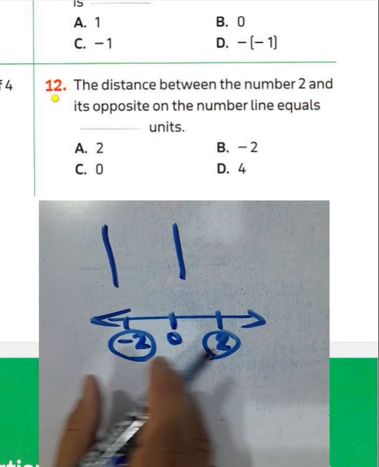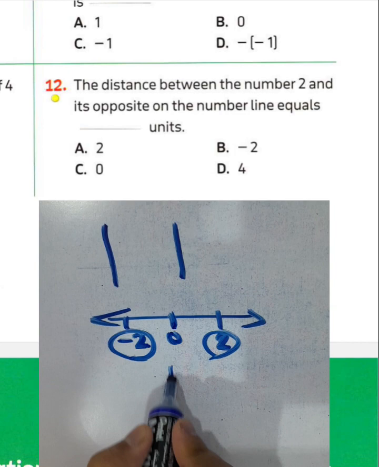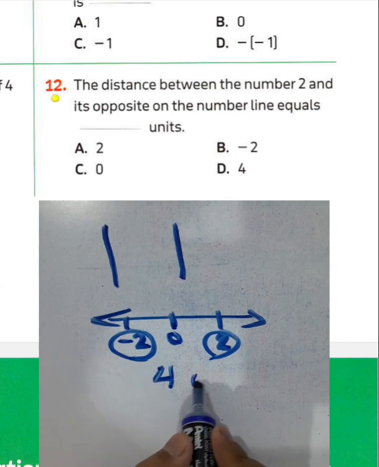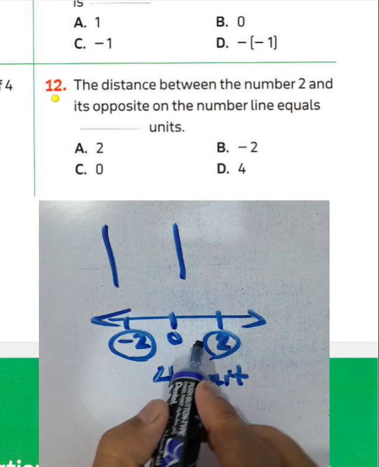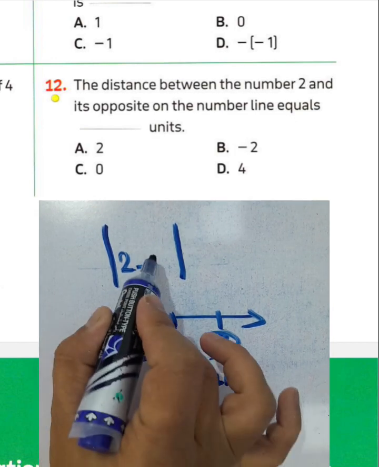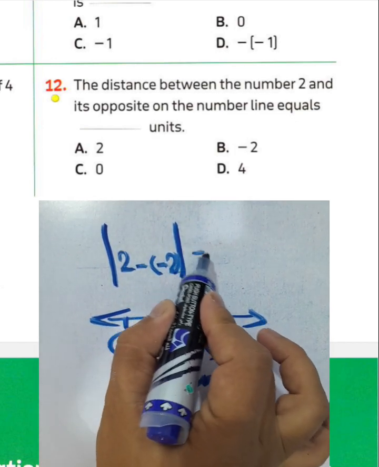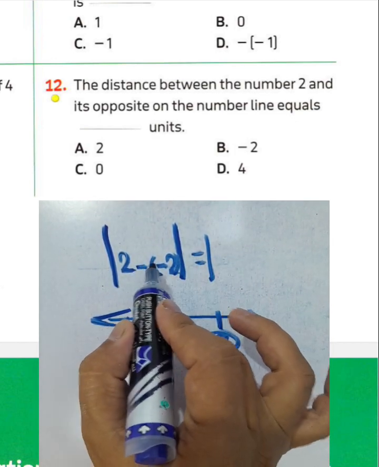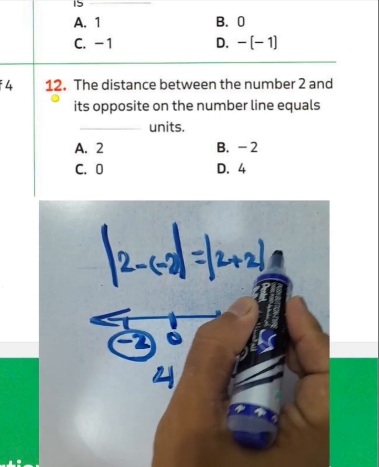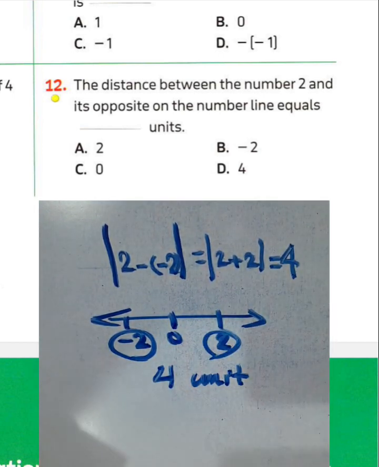Then the distance between -2 and 2 will be 4 units. Or you can find 2 subtract -2, which is the absolute value of 2 plus 2, and it will be 4. Choose letter D for this example.